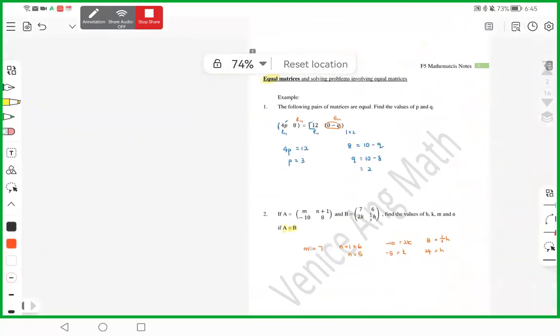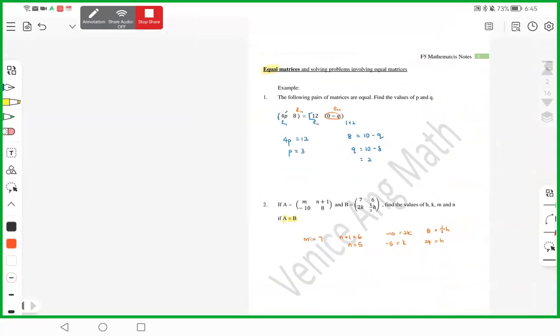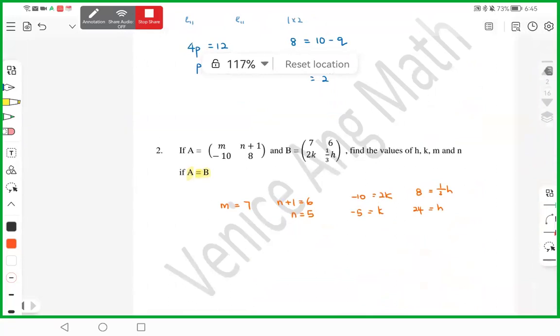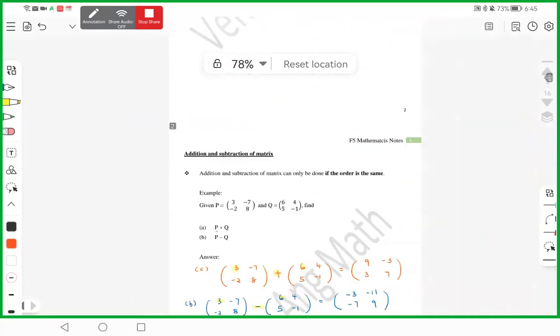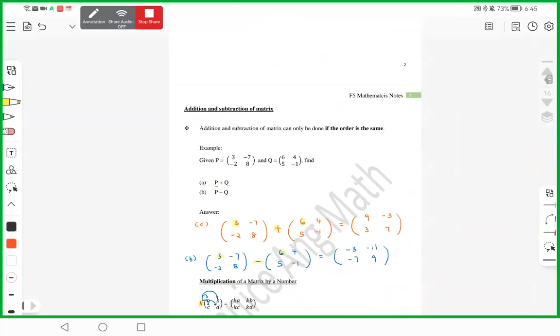Okay, equal matrix. If we have equal in the middle, that means we can find the unknown. Equal matrix, same order, we can do normal operations, plus and minus. So we have a symbol in between to show whether we want to plus or minus.